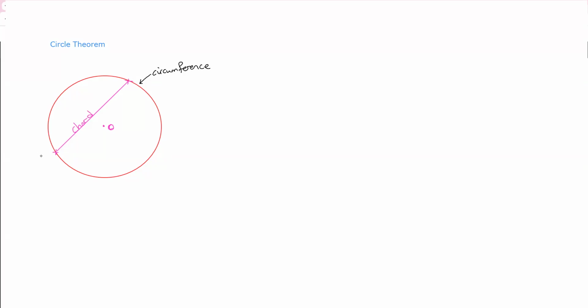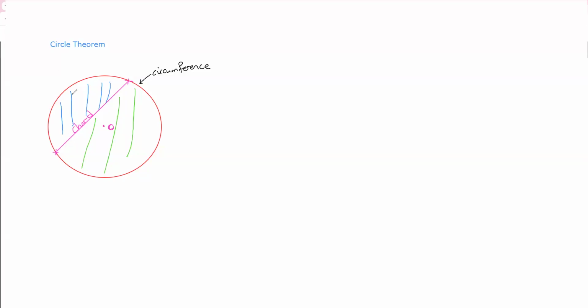And your chord divides your circle into 2 parts, which are known as segments, right? So this will be a segment, and this in green is also a segment. So your line, which is the chord, divides your circle into segments.